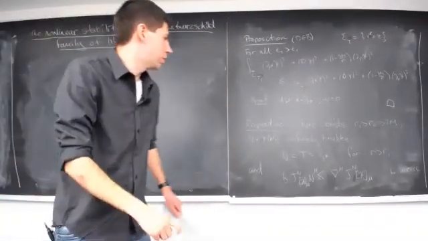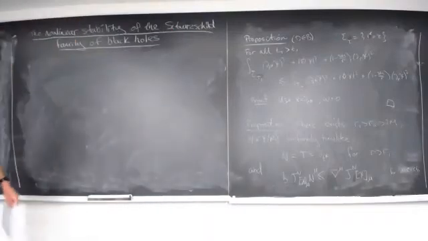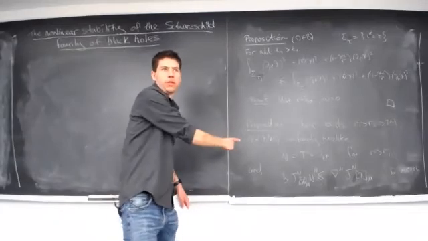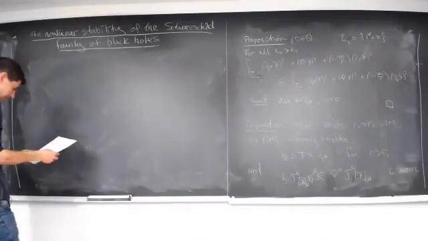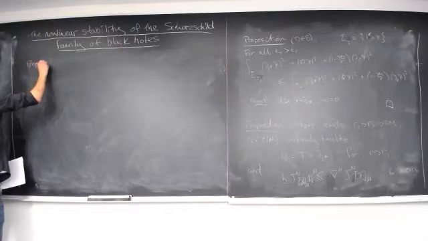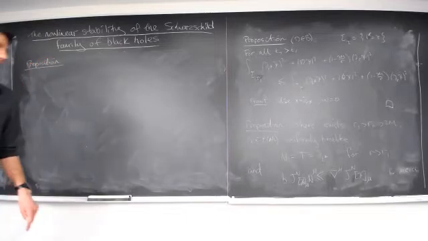Okay, so now to show the energy boundedness, one uses this redshift vector field n as the multiplier. You can write it explicitly.